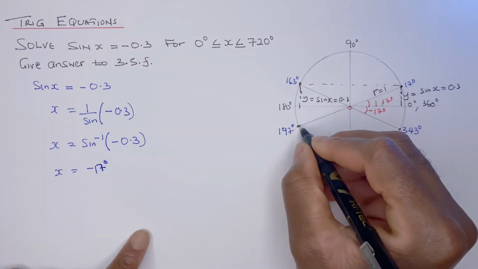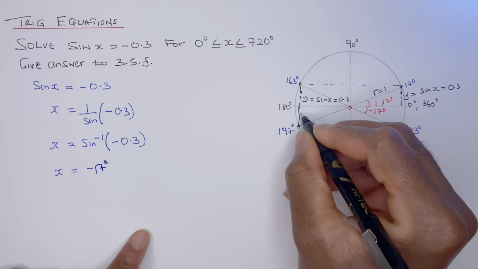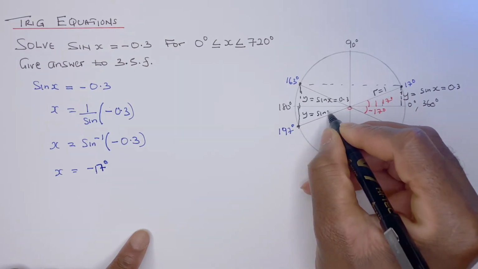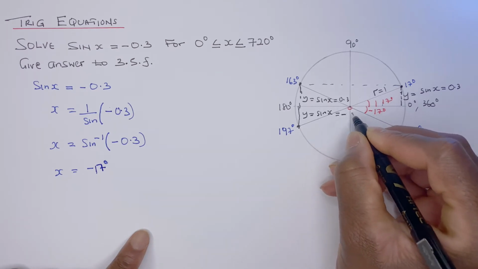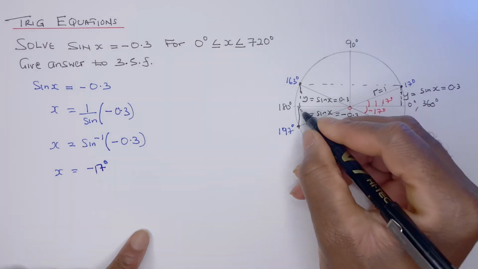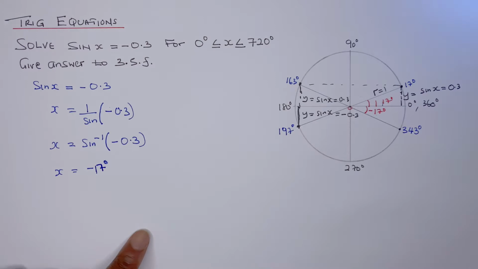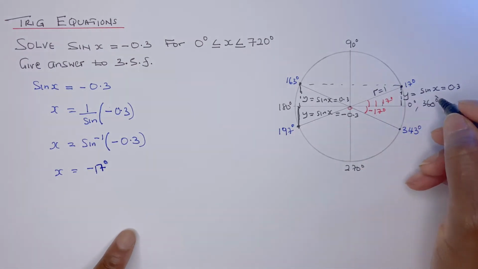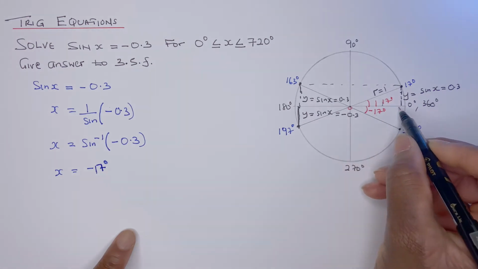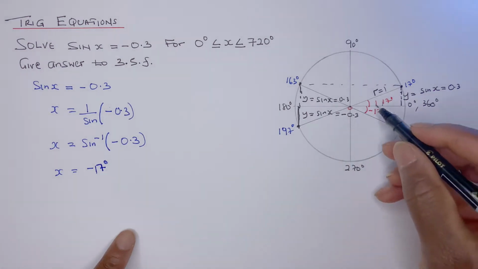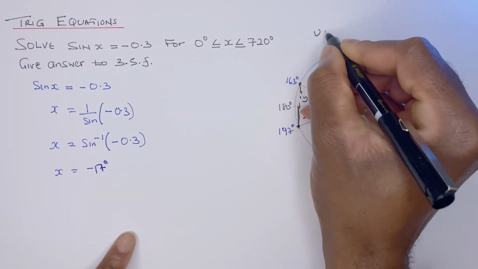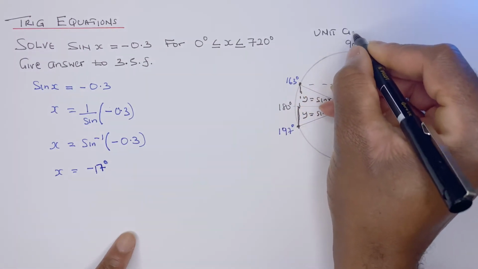If you then extend that line to there, now this is y again, also equal to sine of x, but that equals minus 0.3 because it's a negative value of y. In a unit circle, your y value is your sine and your x value is your cosine. So right here I'm using the unit circle.